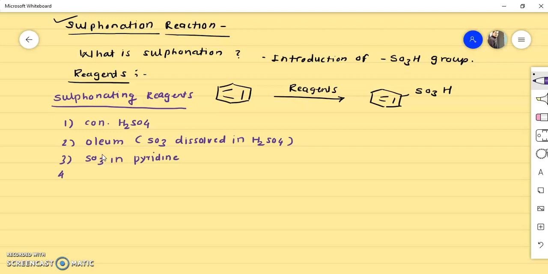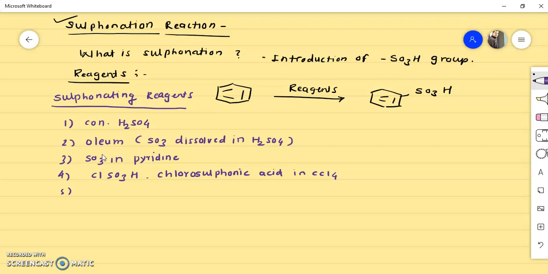Then another sulfonating agent used to conduct this reaction is chlorosulfonic acid, ClSO3H. This is also used as a sulfonating agent, and the solvent used here is CCl4, carbon tetrachloride, remember.